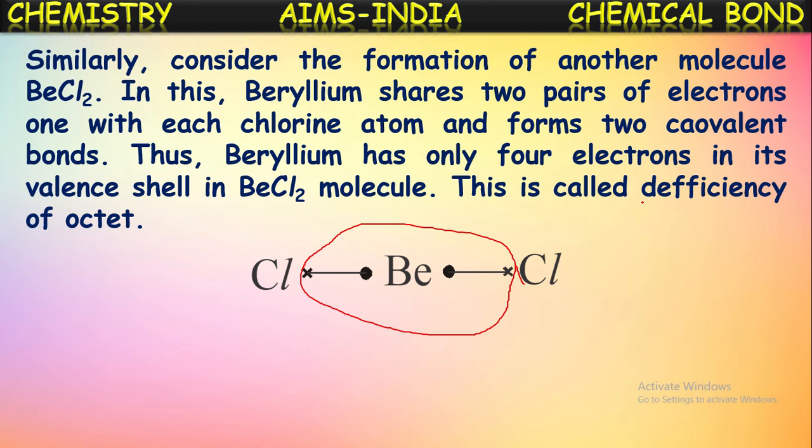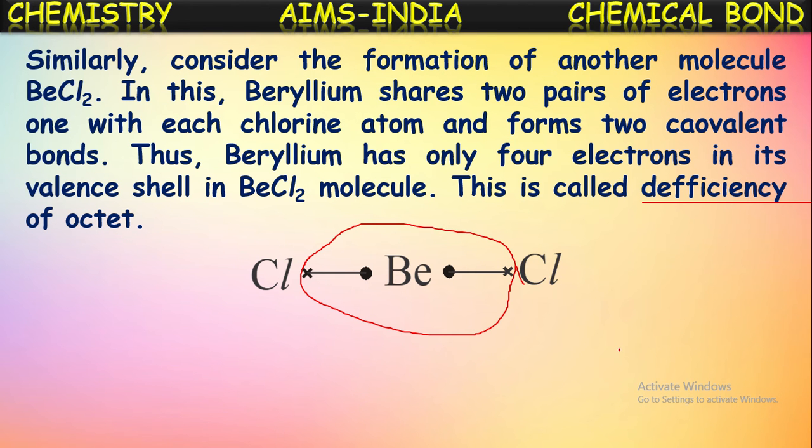This is called deficiency of octet. The beryllium chloride molecule is a deficient molecule, deficient of octet. We say beryllium chloride is deficient of octet, meaning the central atom still has fewer electrons than the octet even after the bond formation. Okay, these are called violations of the octet rule.